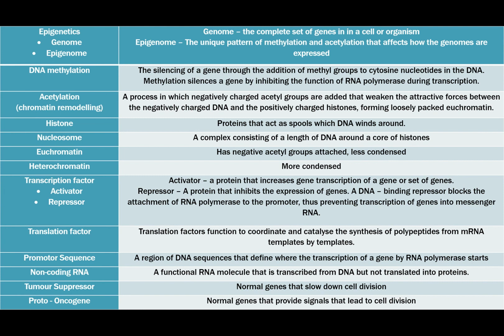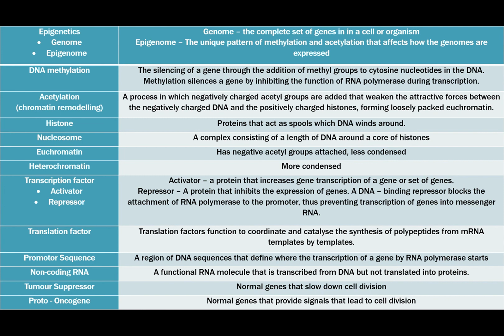Acetylation is a process in which negatively charged acetyl groups are added that weaken attractive forces between the negatively charged DNA and the positively charged histones, forming loosely packed euchromatin. Histones are proteins that act as spools which DNA winds around. A nucleosome is a complex consisting of a length of DNA around the core of histones.